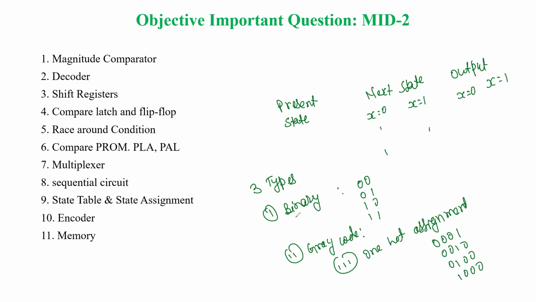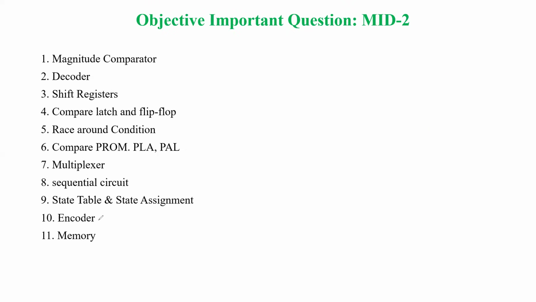So we have three different types of assignments. Generally, we use the binary assignment. It's easy to write. Next is the encoder. The encoder is just opposite to the decoder. The encoder is used on the transmitter side, and the decoder is used on the receiver side in communication. Whenever we are trying to transmit information, first we are going to use the encoder.